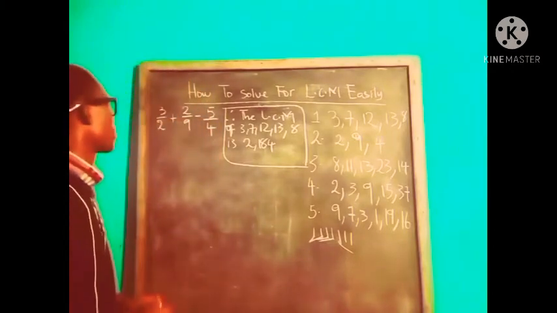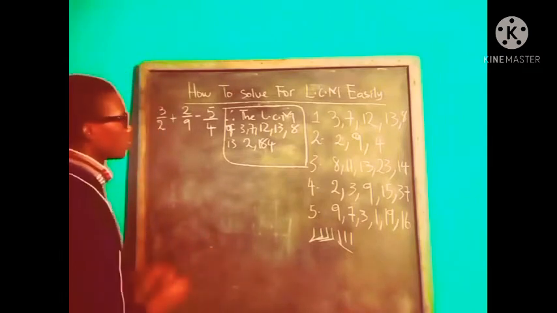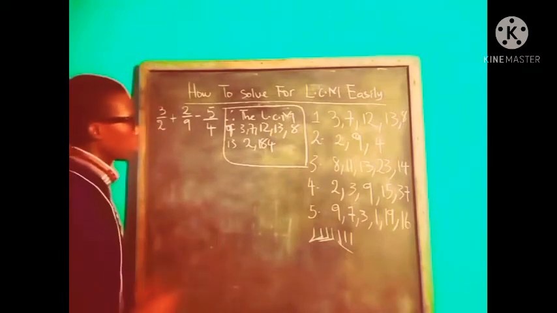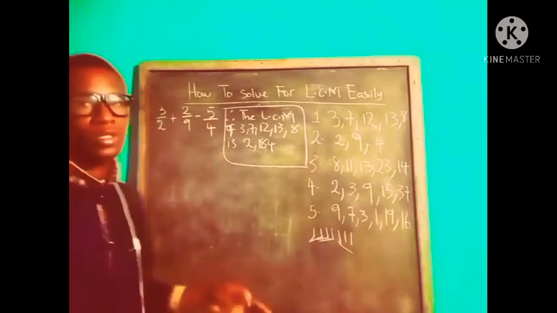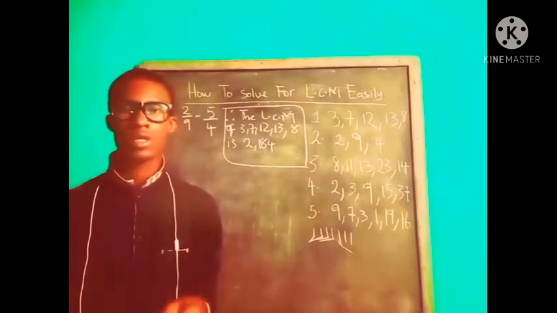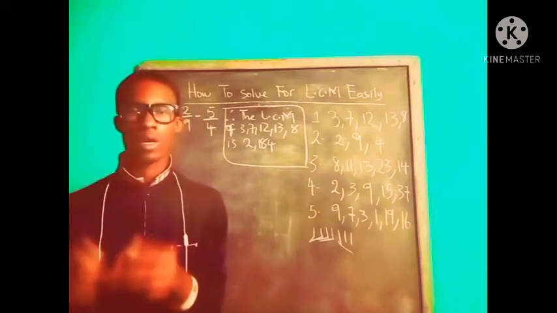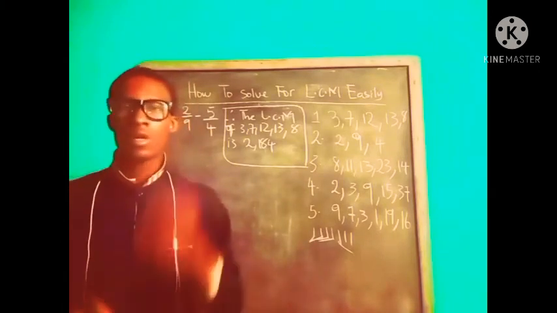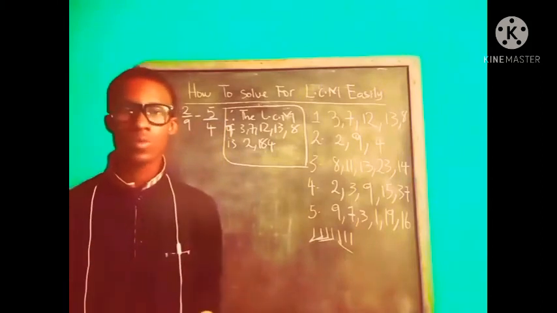At this point we have 3 over 2 plus 2 over 9 minus 5 over 4. Now to go straight to the point, what are we looking for? LCM. If you can remember on my previous videos, I said that whenever you are given a work to do concerning fractions and has to do with addition and subtraction, or maybe addition throughout, or maybe subtraction throughout, the first thing that should come in mind is thinking about LCM, and that is what we are doing.